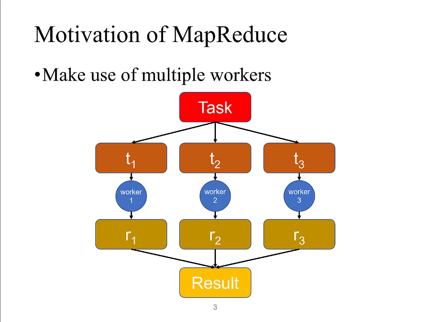So the immediate idea is to split your task into a set of subtasks and assign them to different workers. Each worker will receive the task and output the result, and then the results are aggregated as the final result of the whole task.